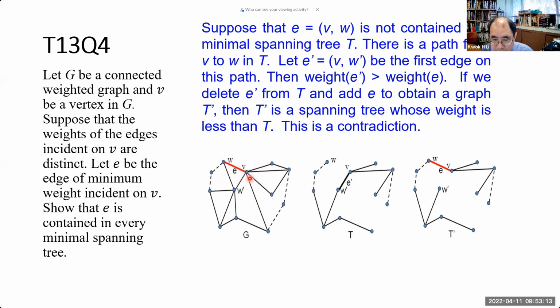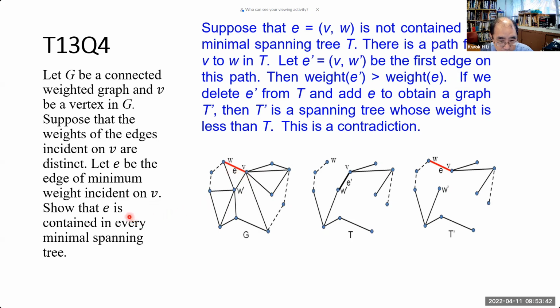Now out of these, at least 6, this one here is the minimum. E is the minimum. Let E be the edge of minimum weight incident on V. So you can come from any direction, but if you look at which branch has the minimum weight, you find that E is there.